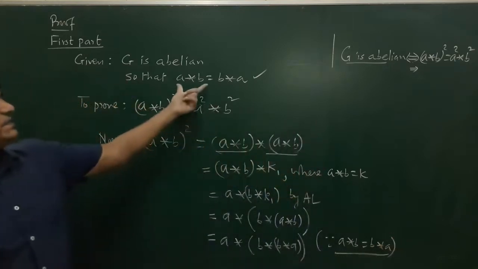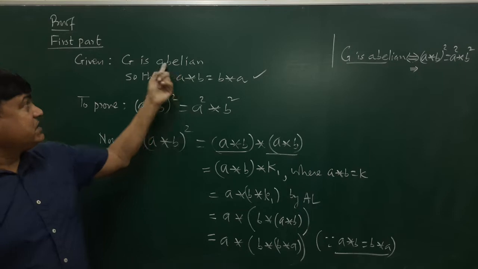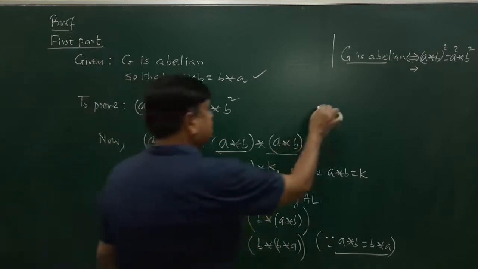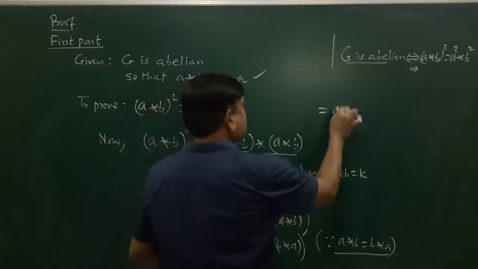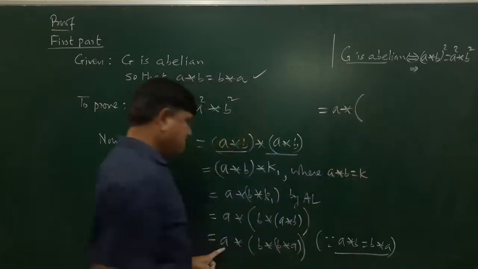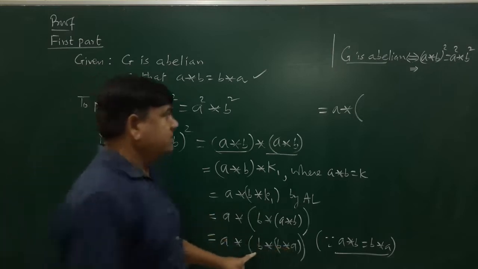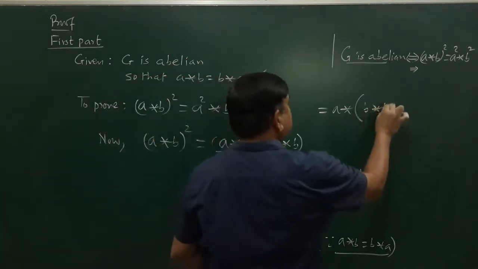This is given to us. Because G is abelian, I can write a star b as b star a. Then it is a as this. Look at the bracket also. Again we can apply the associative law.